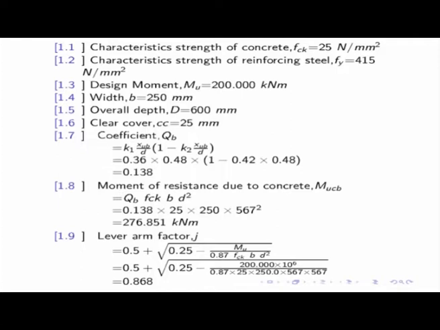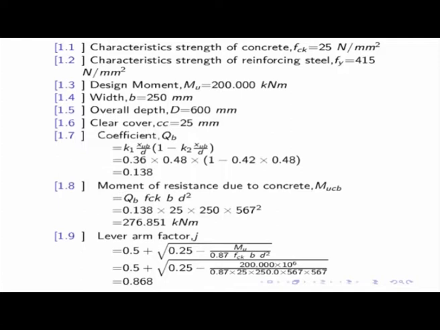If one link fails, the chain fails. That means it is some kind of series. If steel fails or concrete fails, if any one of them fails, the structure will fail.